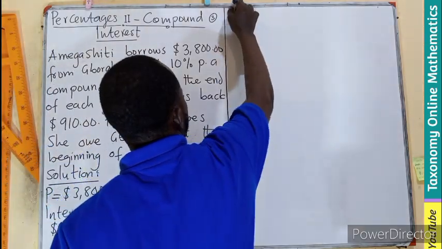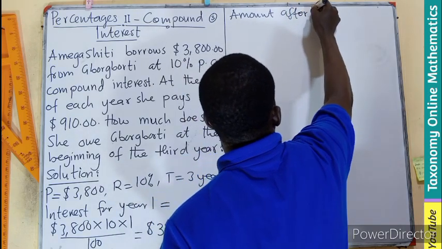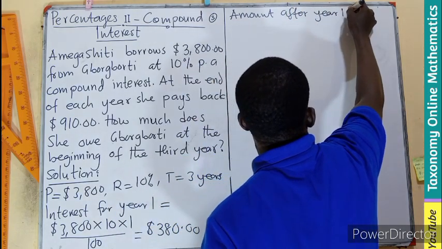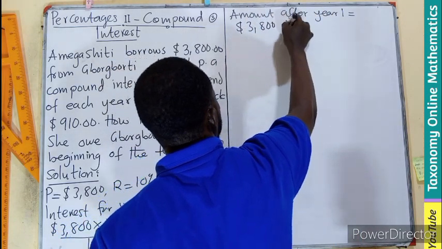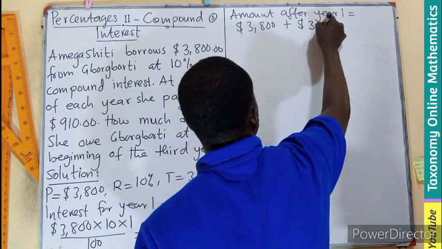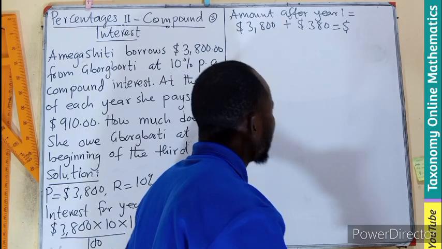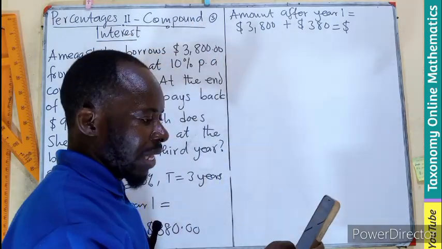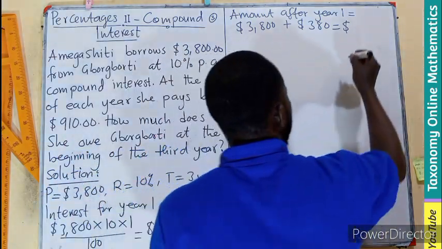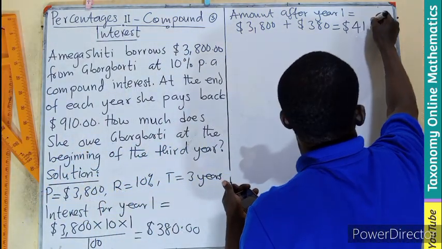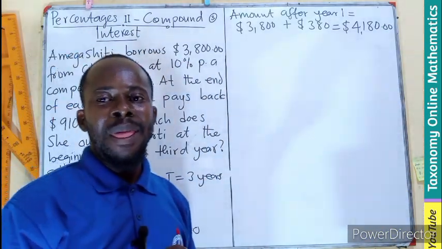So we can say that the amount after year 1 will be the principal we began with, 3,800, plus the interest accrued, and if added, that should give us $4,180.